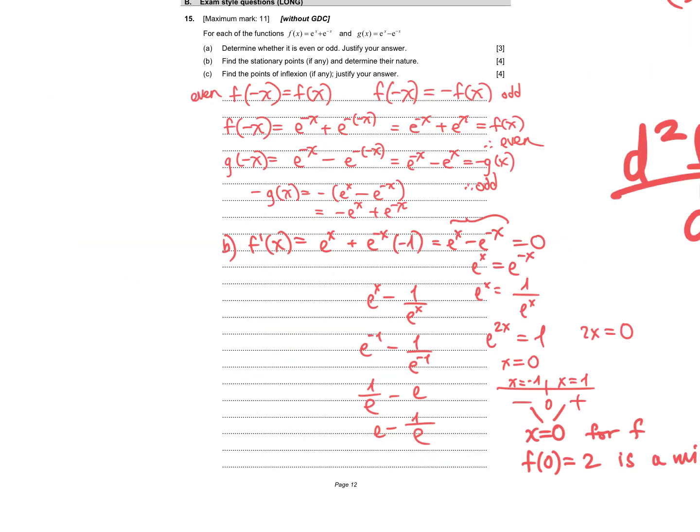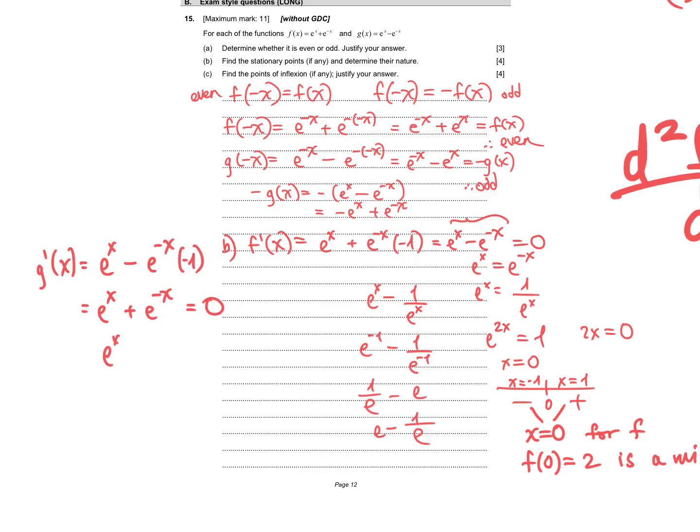Okay, if we have g prime, we're going to have e to the x minus e to the negative x times -1. So that's e to the x plus e to the negative x. So we can set this equal to 0.